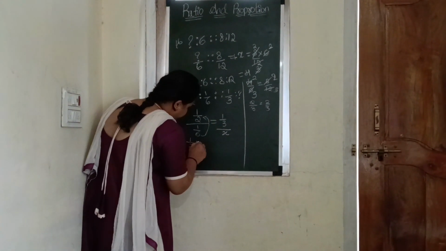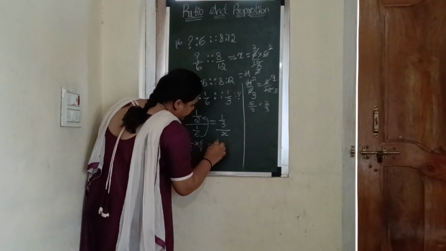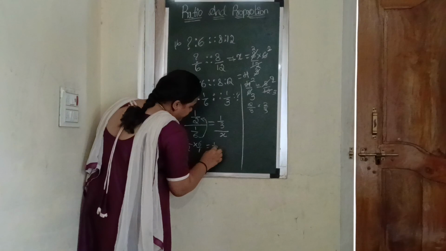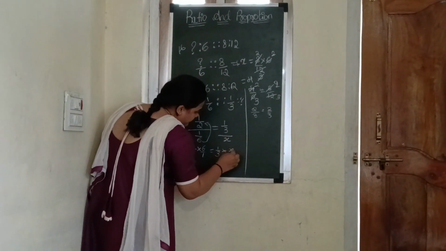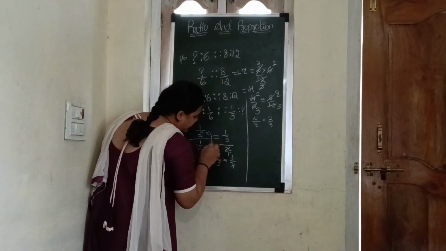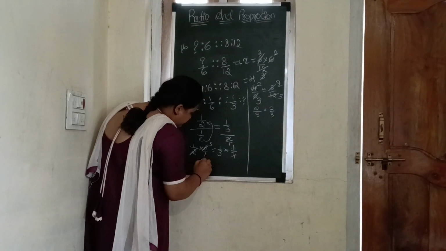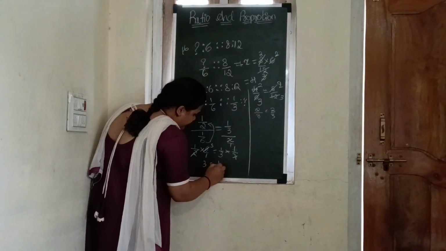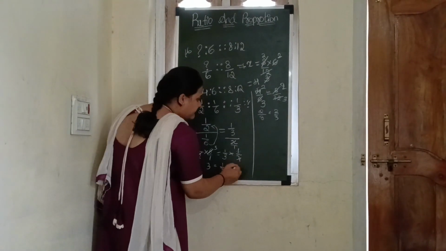So 1 by 2 into 6 by 1 is equals to 1 by 3 into 1 by x. It is here nothing, we have to assume that it's 1. 2 ones are 2, 2 threes are 6, so 3 is equals to 1 by 3 into 1 by x.